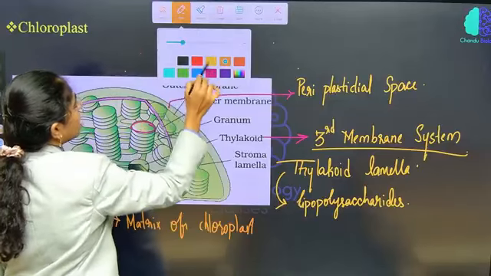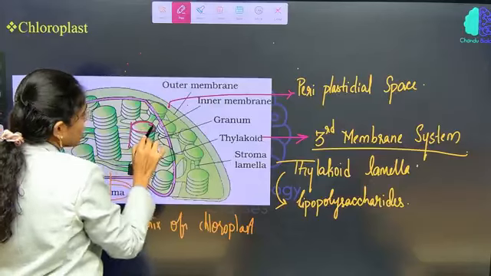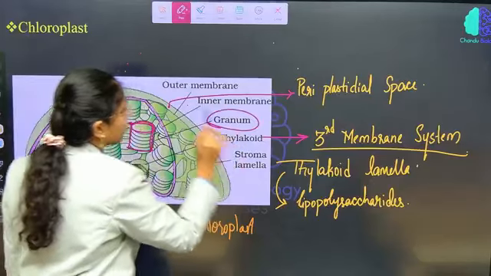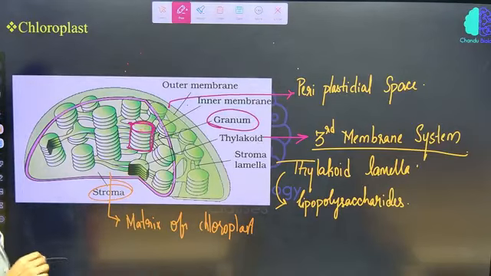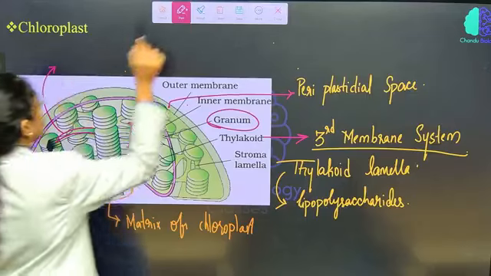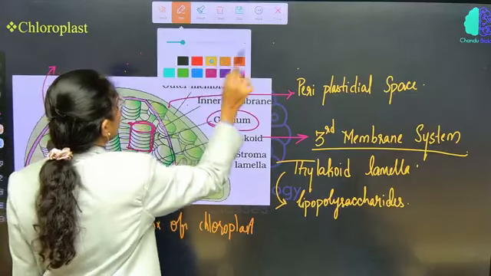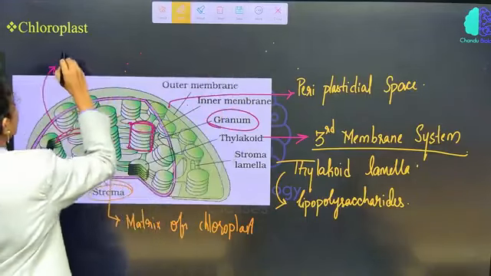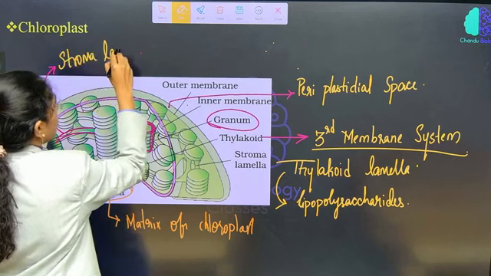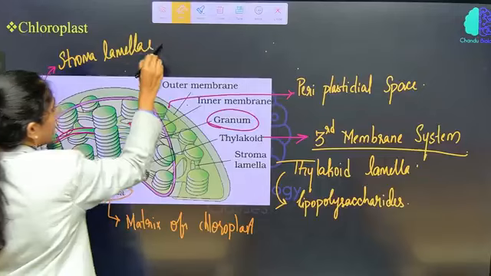These thylakoids will form stalk like structures. The stalk of thylakoids is known as what? Grana. Okay, one grana is connected to another grana by stroma lamellae. Fine, right?